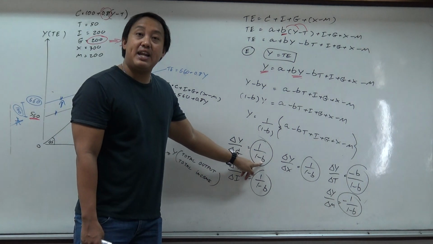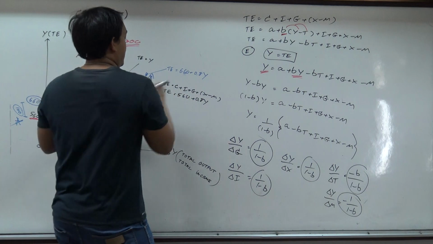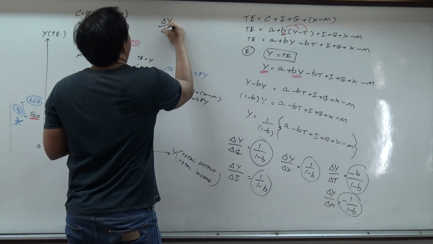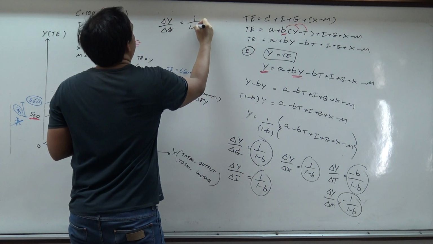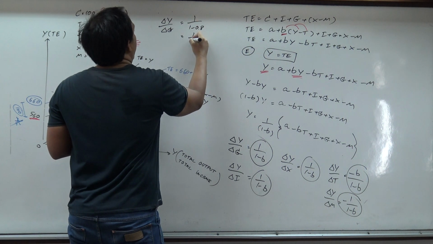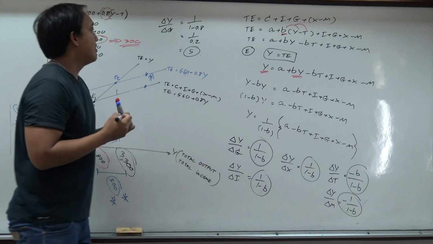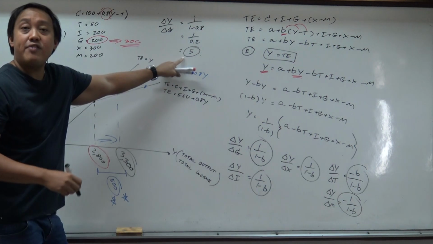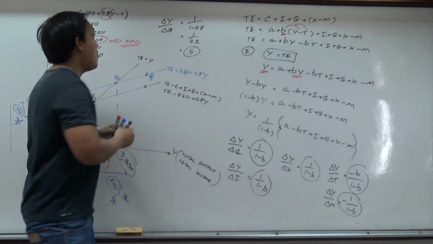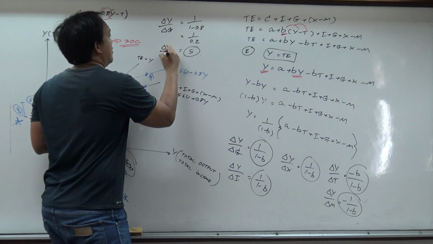If I put B in here, delta Y over delta G equals 1 over 1 minus 0.8, which is 1 over 0.2. This equals 5.